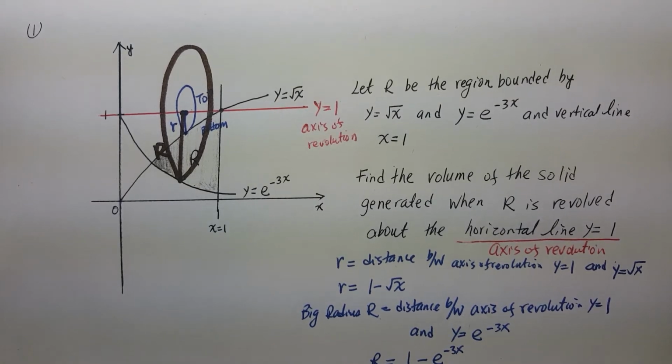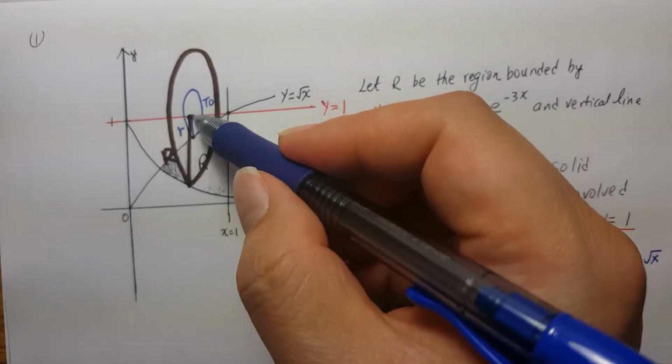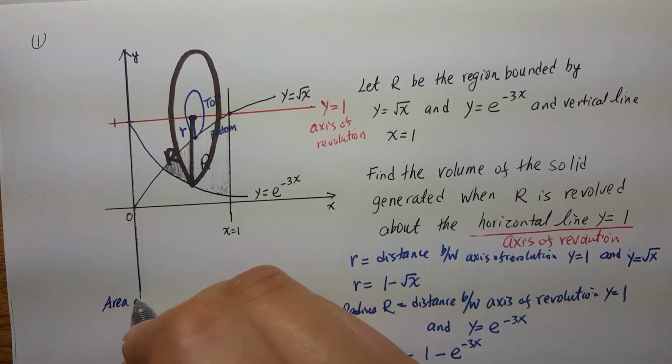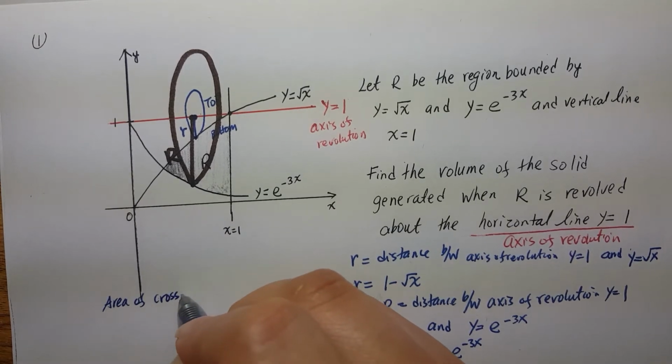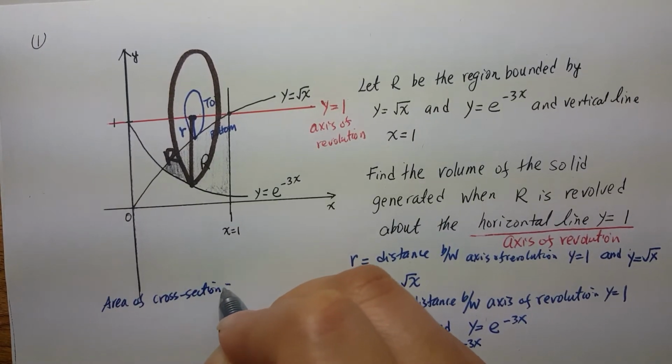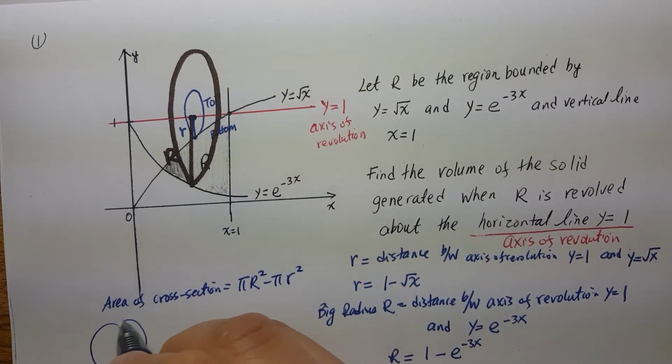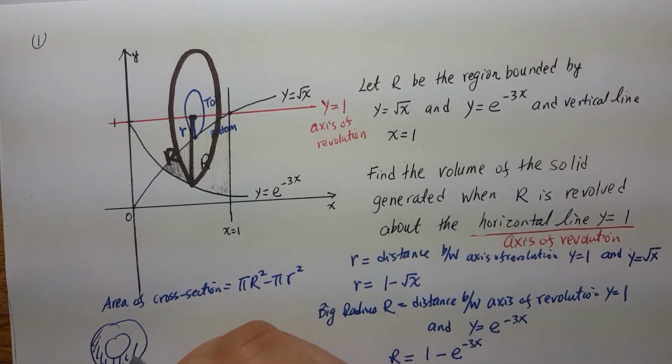Now we are going to take a look at the cross section. It's a big circle and small circle. So the area of the cross section equals pi big R squared minus pi small r squared, because it's a big circle and small circle, and then you have to subtract.